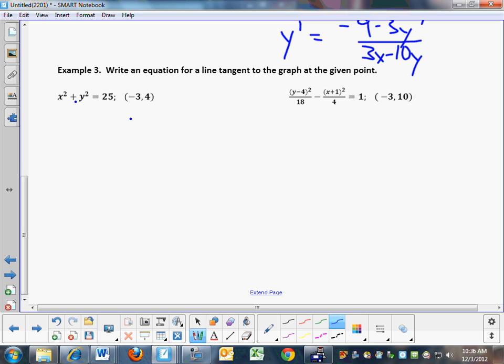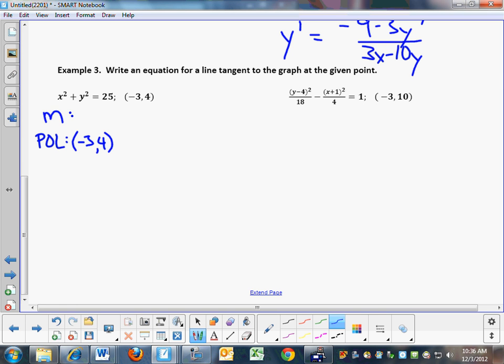If you plug in -3 for x and 4 for y, do you get 25? You sure do. So we can write an equation for a line tangent at that given point. All I need to do is find the derivative and plug in my point. In order to write an equation for a line, I need two things. What are they? Slope and a point on my line, which is -3, 4.